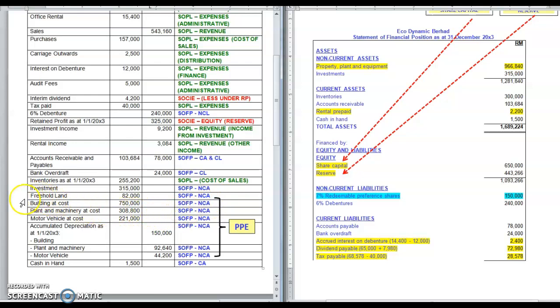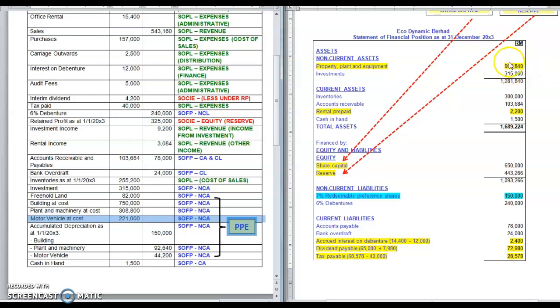Therefore, all the tangible assets such as freehold land, building, plant and machinery and motor vehicles need to be summarized to find their carrying value, and the summary amount is presented on the face of the statement of financial position as a single item under property, plant and equipment.